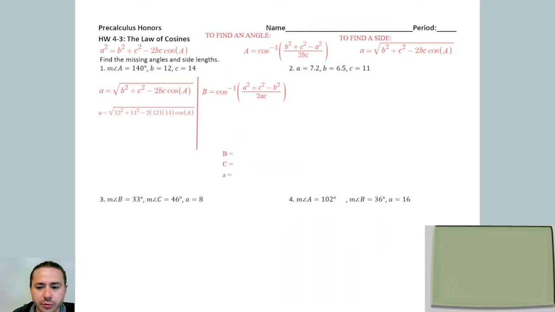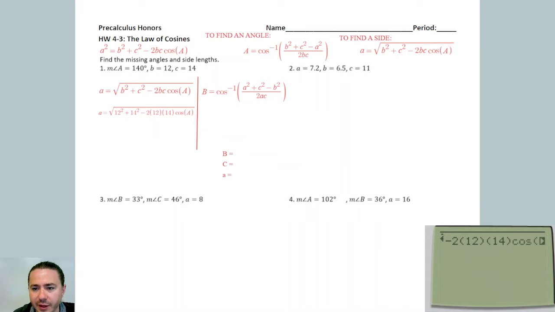I'm going to just type this in. Let's see here. We've got the square root of 12 squared, and I'm just going to type this in exactly how I see it. 14 squared minus 2 times 12 times 14 times the cosine of angle A, which I didn't retype in there.